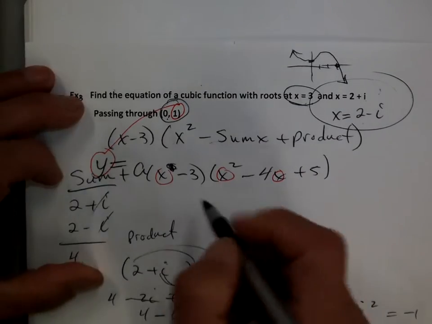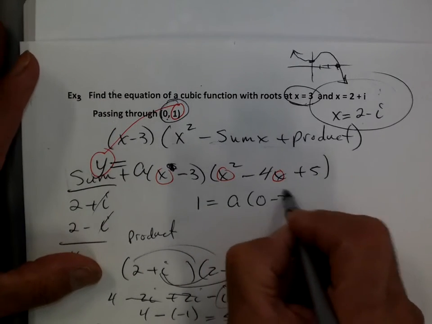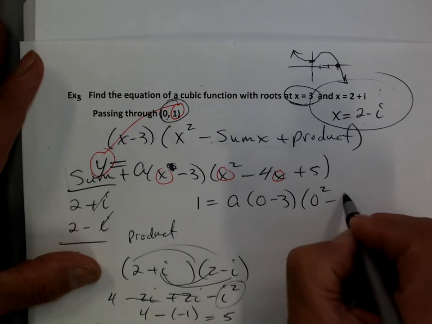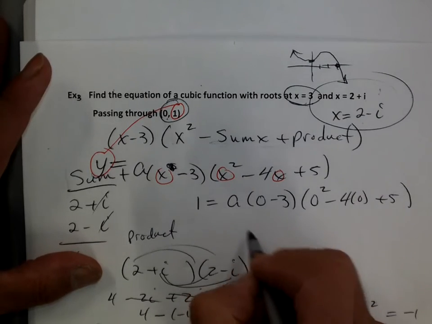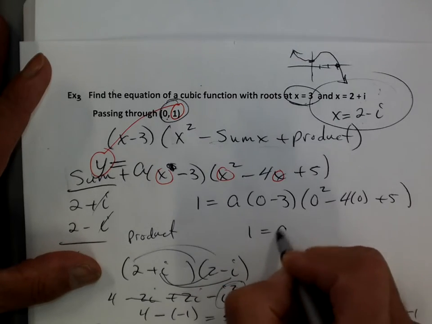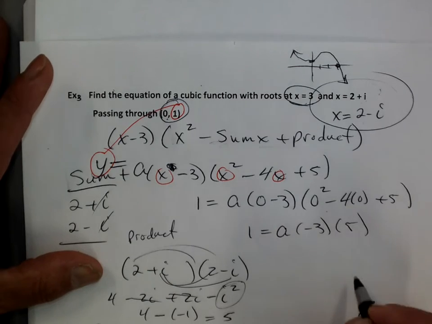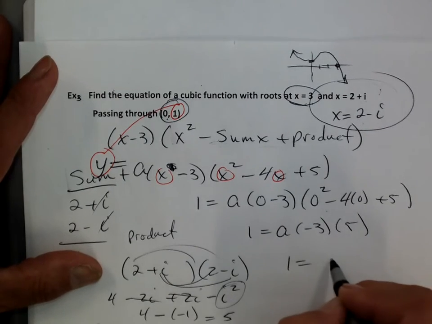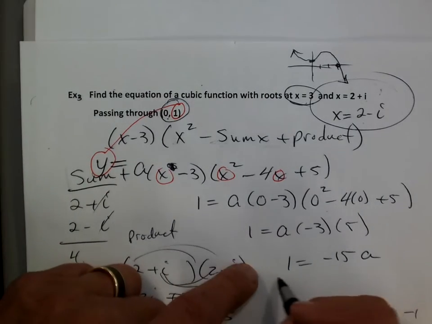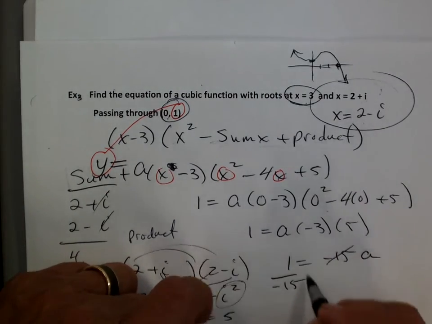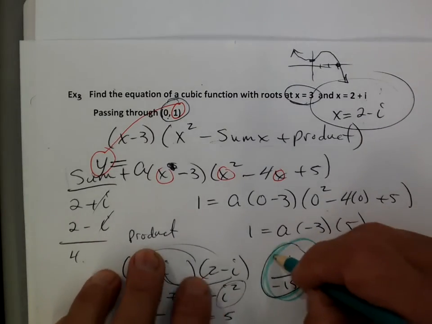I'm going to have 1 equals a times 0 minus 3 times 0 squared minus 4 times 0 plus 5. I get 1 equals a times negative 3 times 5. I get 1 equals negative 15a. I'll divide and I'll get negative 1/15 for a.